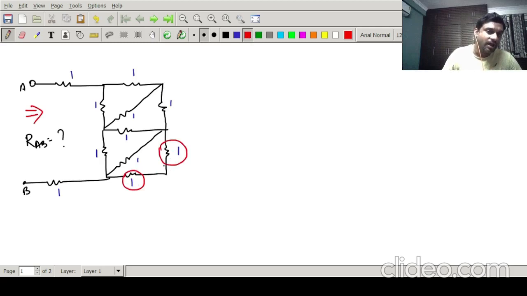By adding them we get a resistance value equal to 2, which is in parallel with 1. So we will approach this circuit in a step by step manner.